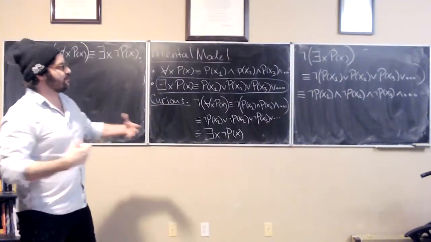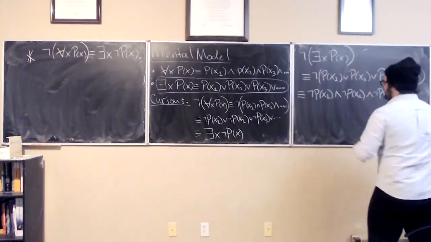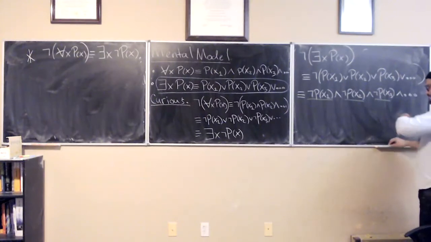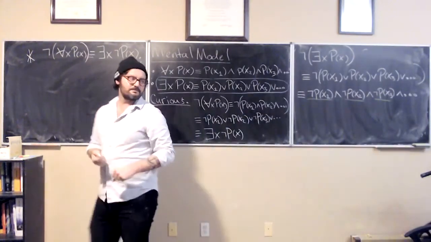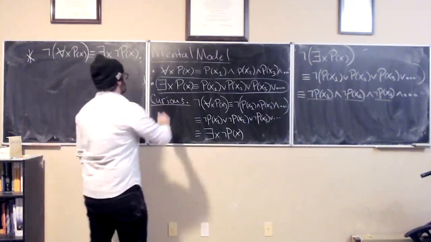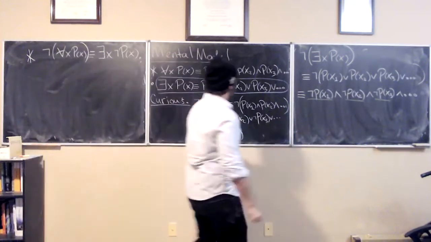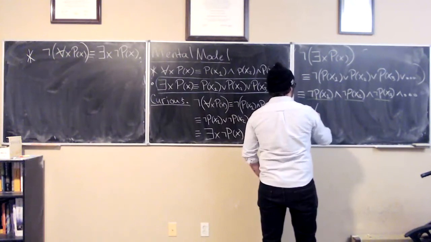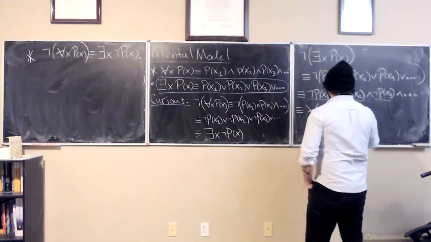And what do we end up with? We end up with a propositional function and propositional function and so on throughout every single possible choice of elements in the domain, which looks like the universal quantifier, which means that we can rewrite this as a universal quantifier. So, for all x, not P of x.